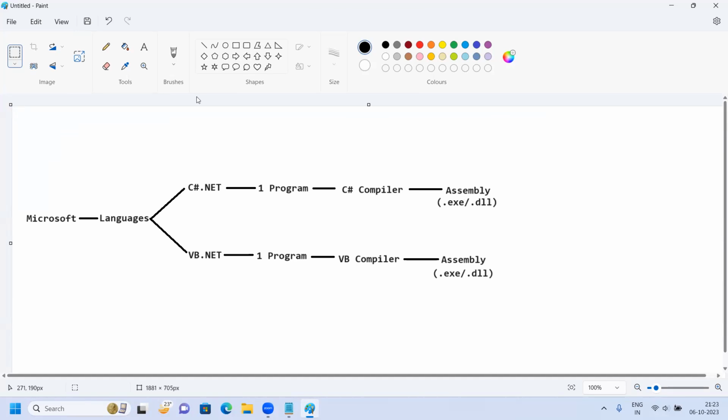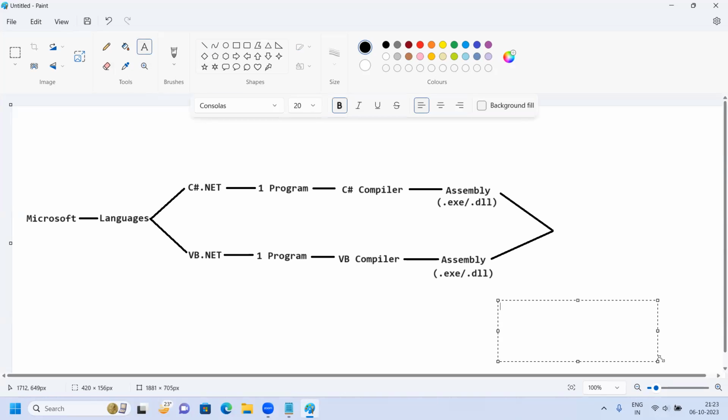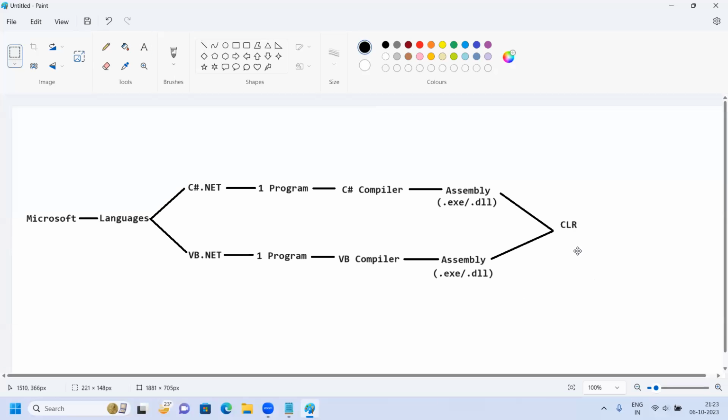Till here we work individually. But when it comes to execution, remember this assembly and this assembly go for execution with one common software, that is your CLR, Common Language Runtime. Till compilation they were individual. Once compiled successfully, execution comes with a special component, that is CLR. How many compilers do we have?